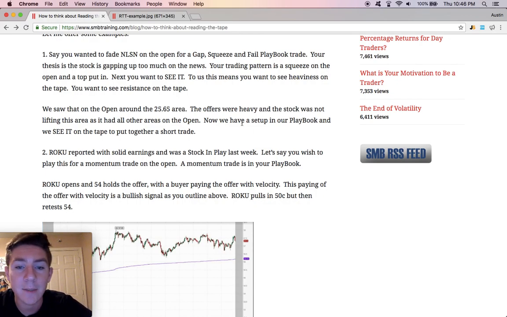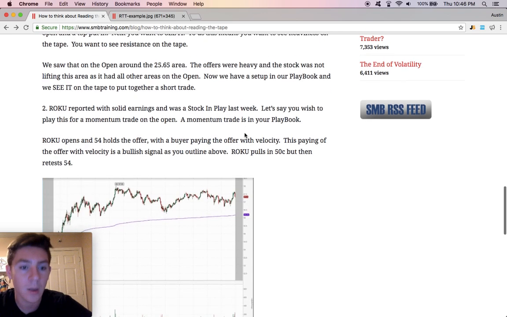Now we had a setup in our playbook and we see it on the tape to put together a short trade. So they saw that offers were heavy. Offers were stacking up, like 2,000 on the ask and only 500 on the bid, showing that the sellers are there and they're hitting that bid and driving the buyers down.